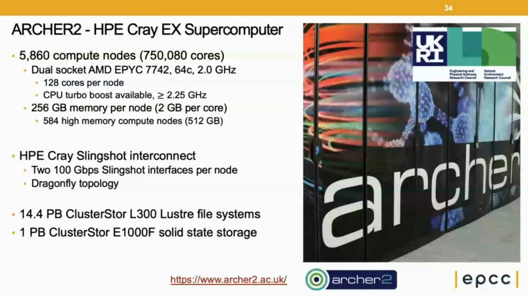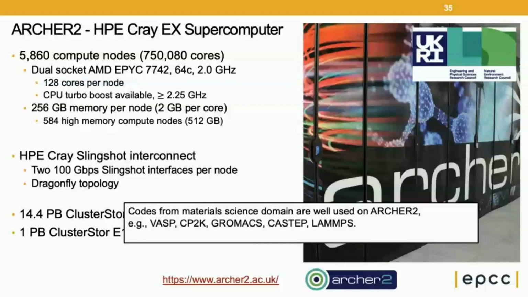We have various amounts of memory. The nodes are connected via the HPE Cray Slingshot interconnect, and we have much more storage, around 15 petabytes compared to the 2 petabytes available on Cirrus. There are 2 research councils that fund the work on the construction and the use of ARCHER2, namely the Engineering and Physical Sciences Research Council and the Natural Environment Research Council, EPSRC and NERC.